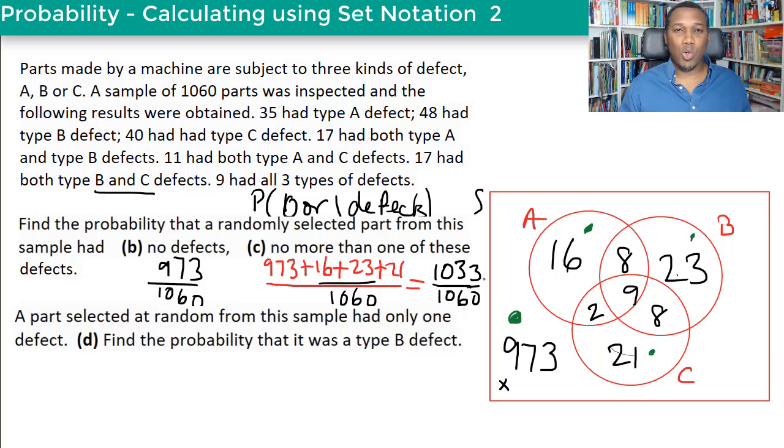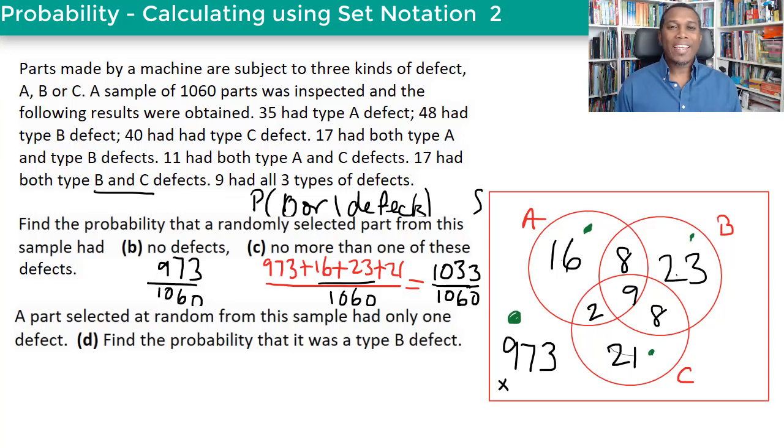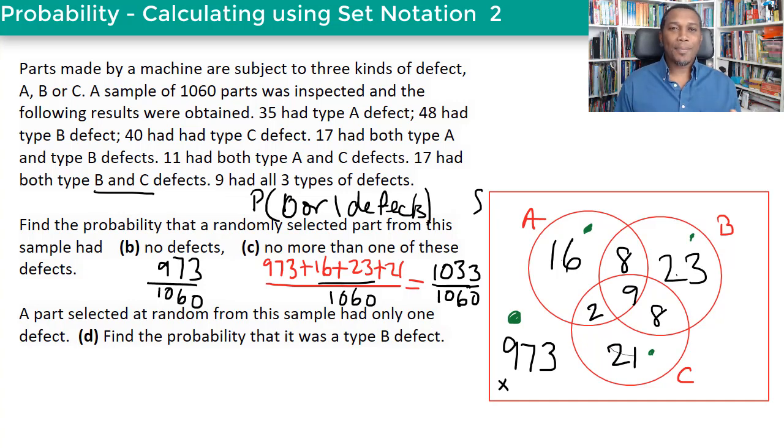Now for the special one, the one that we're going to use to connect to set notation for conditional probability. What is the condition that has to be met for us to consider an element from the set?